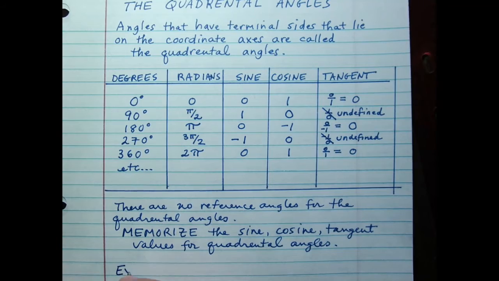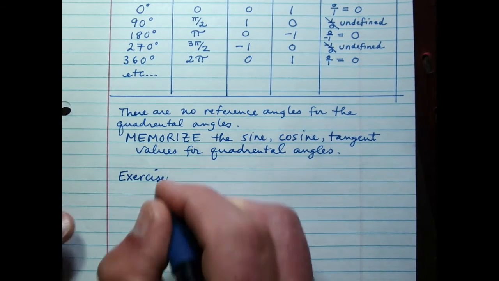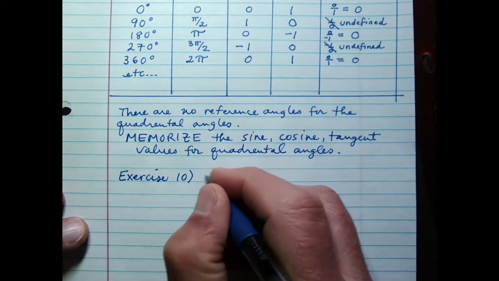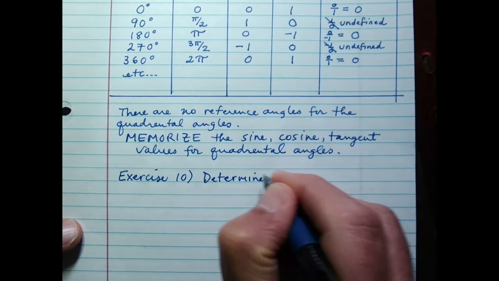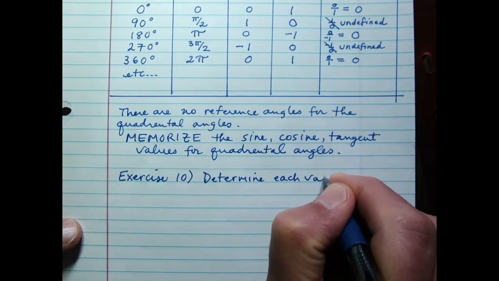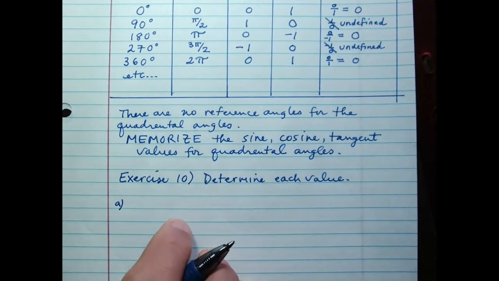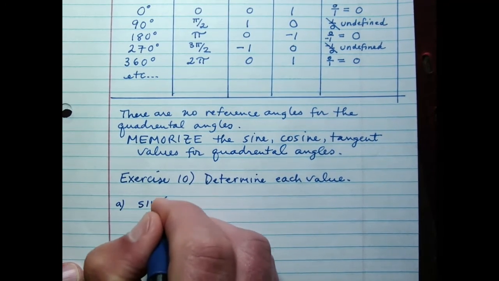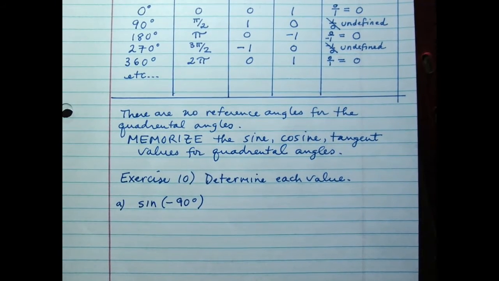So let's now exercise this a bit. I guess this is exercise 10 from this section. Determine each value. For part A, we want to find sine of negative 90 degrees.